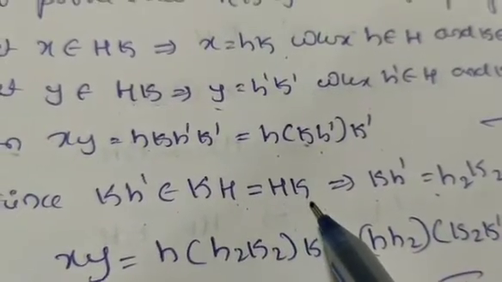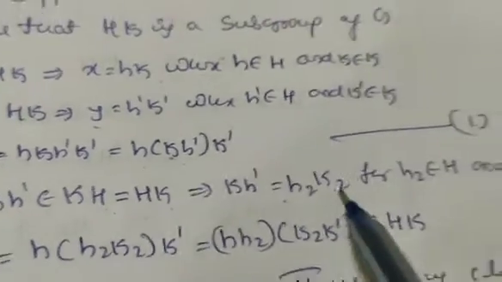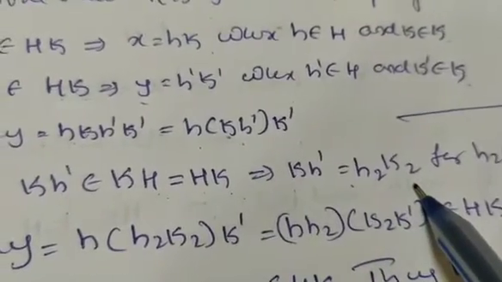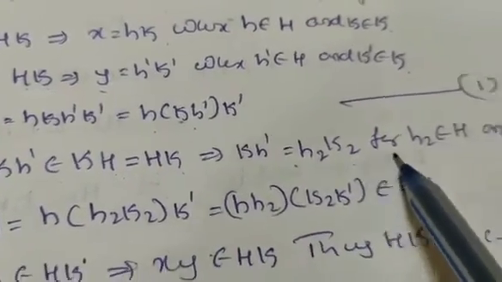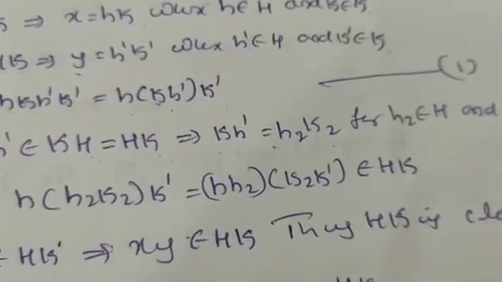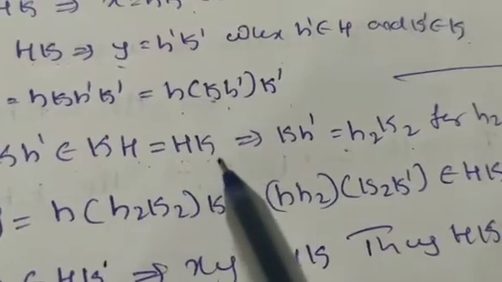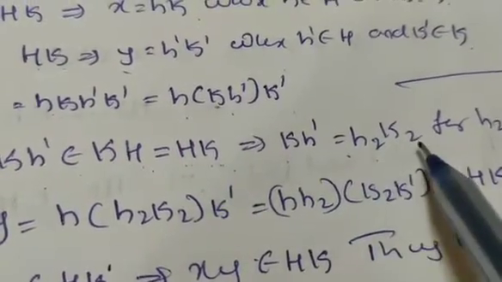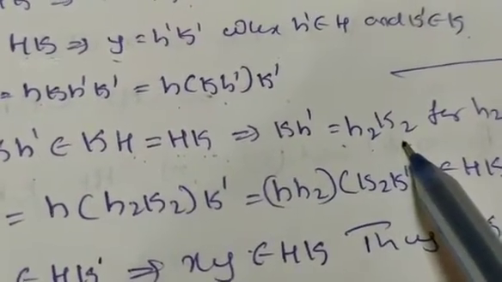h into k. We can take the elements of H into K as h2 k2, some other element, for some h2 belongs to H and k2 belongs to K. So this HK is the set. The elements of this HK are in the form of small h and k. So you have taken here h2 and k2.